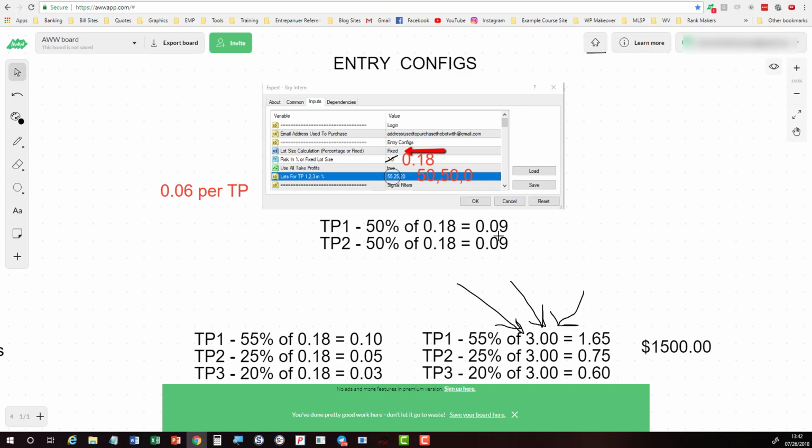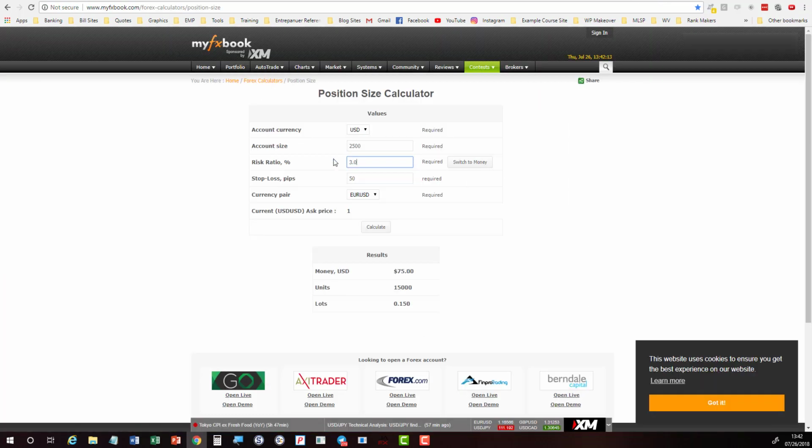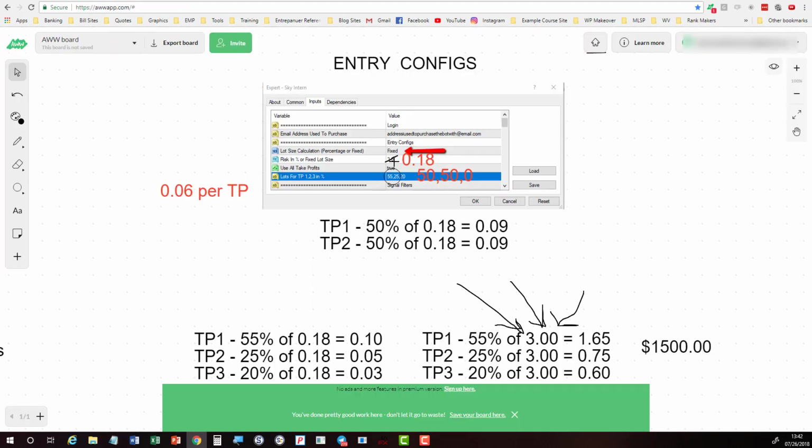Where in this instance, let me go back to here. Let's put this back to 3,000. If we use 0.18, we would only lose $90, which is essentially 3% of our risk. So super, super important to make sure that we are using these two settings correctly.